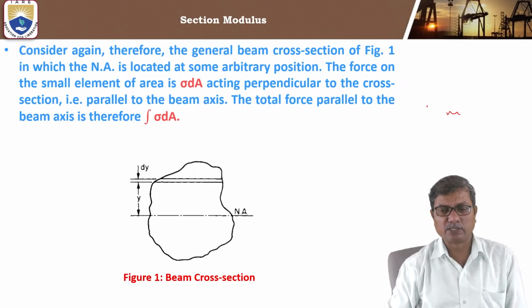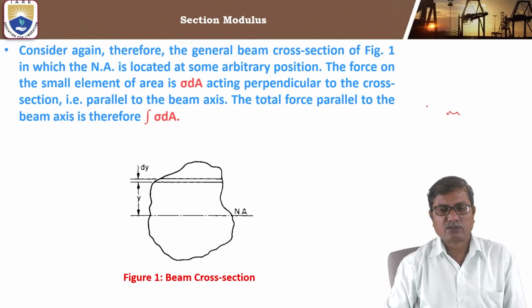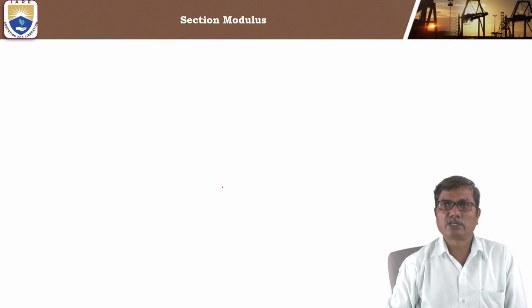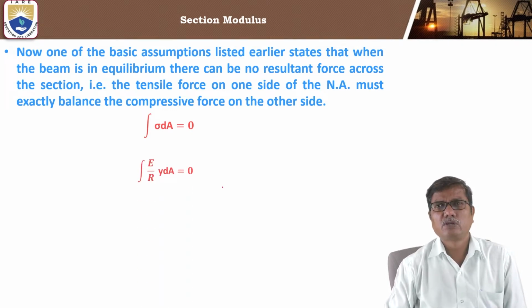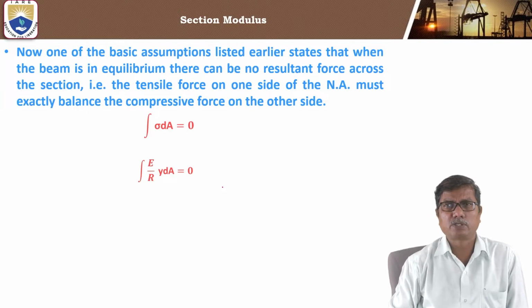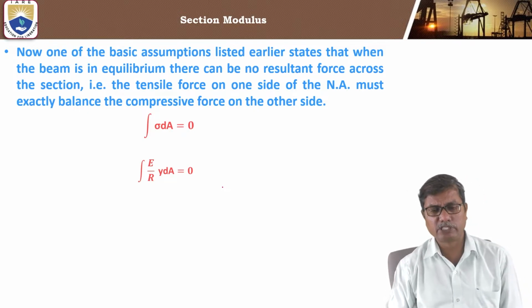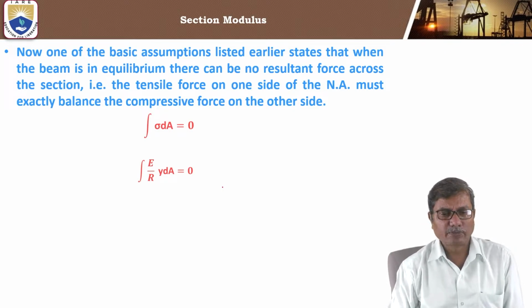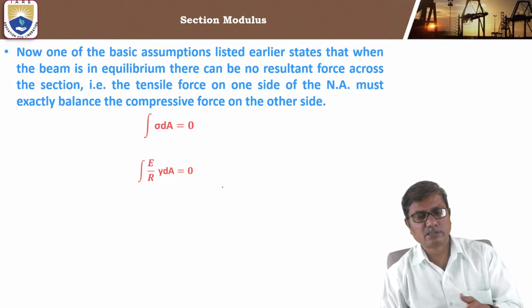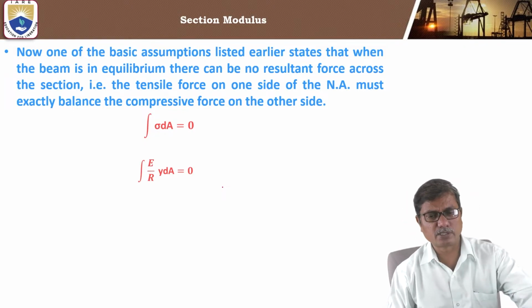The location of the neutral axis is important, because for the given cross section we need to first locate the neutral axis, which passes through the centroid. That is clear from this equation actually.